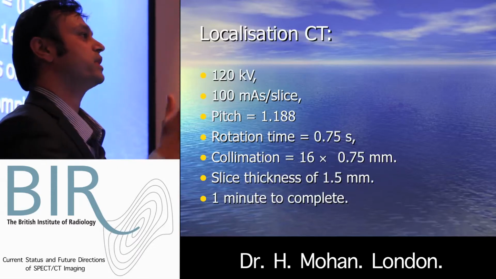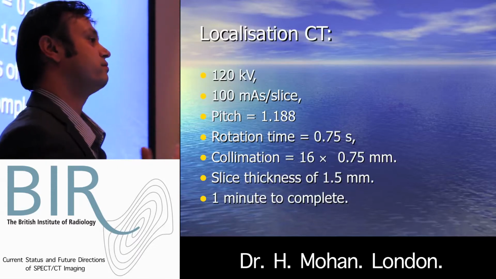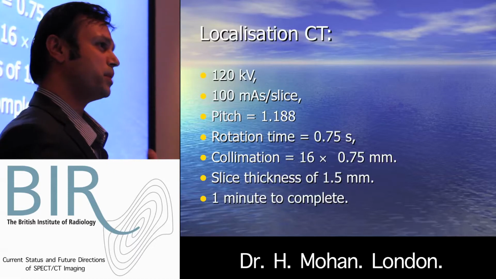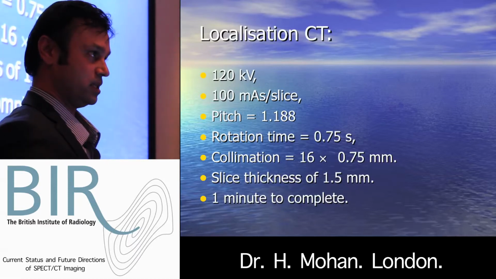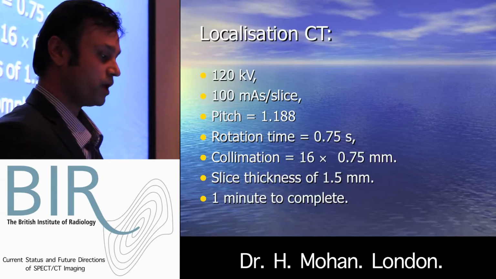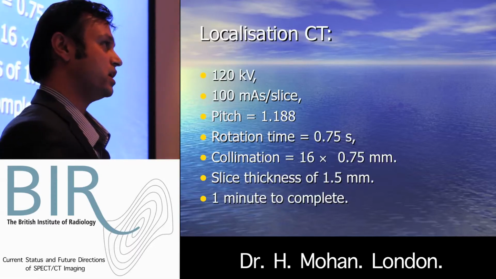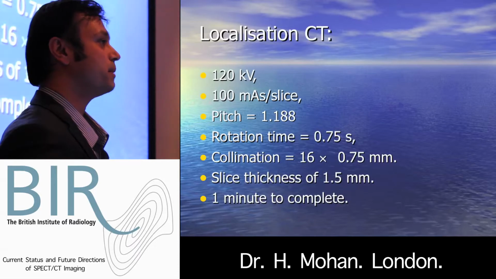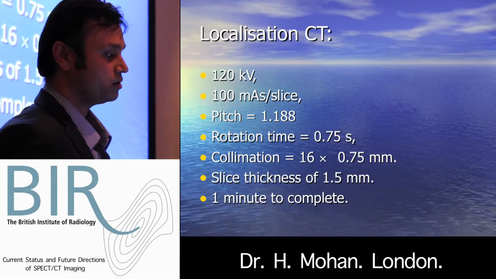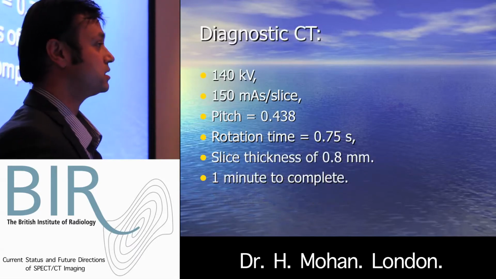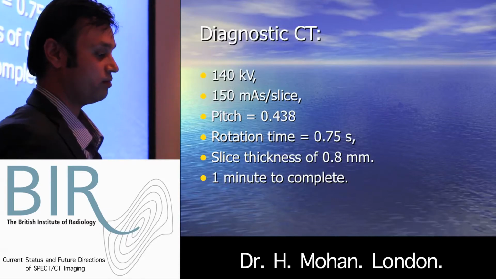Of course, we're dealing with extremities, so the question of radiation dose becomes a bit irrelevant in this case. Therefore, when you want the best anatomical delineation and to get the best out of the system, I think using a proper diagnostic CT would be much advised.